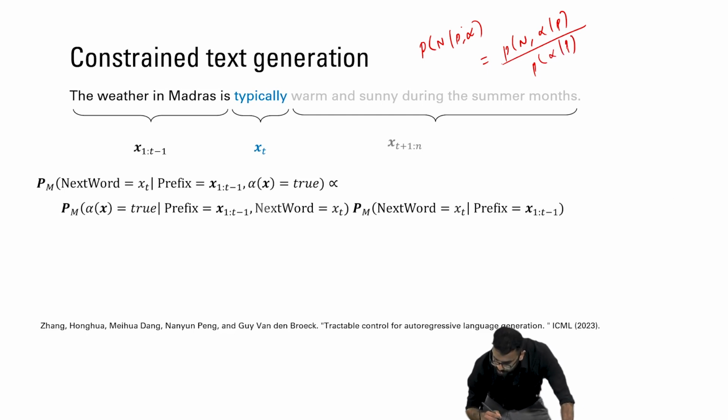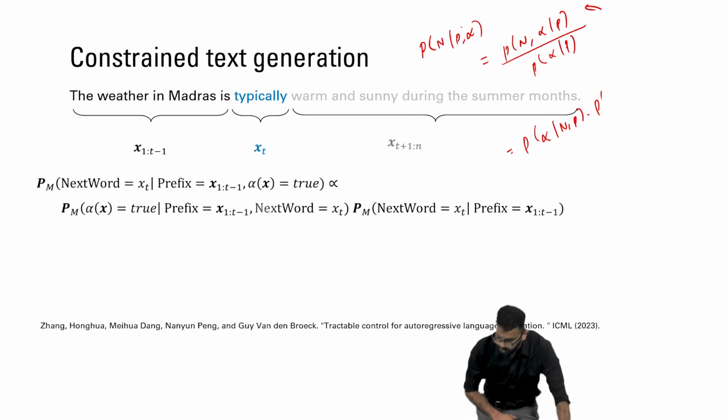But when you're generating the next word, I can again decompose the numerator here as probability of alpha given n comma p times probability of n given p. This is just the decomposition of your joint from Bayes rule, right?